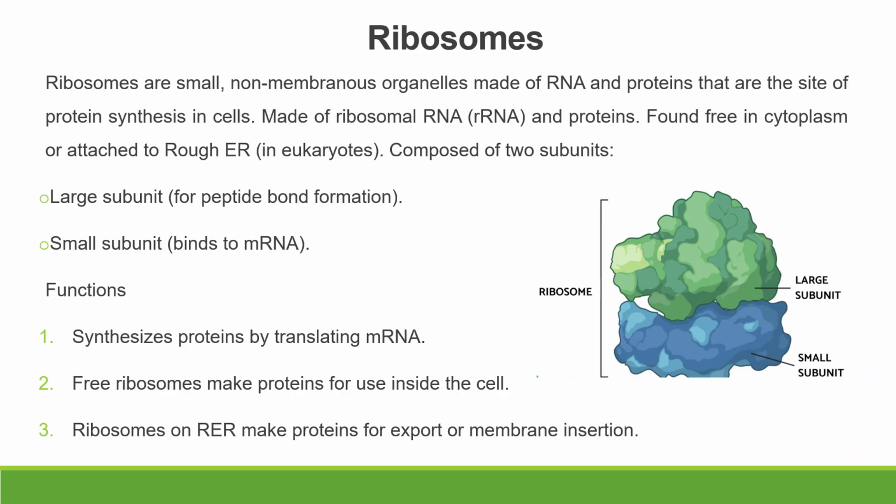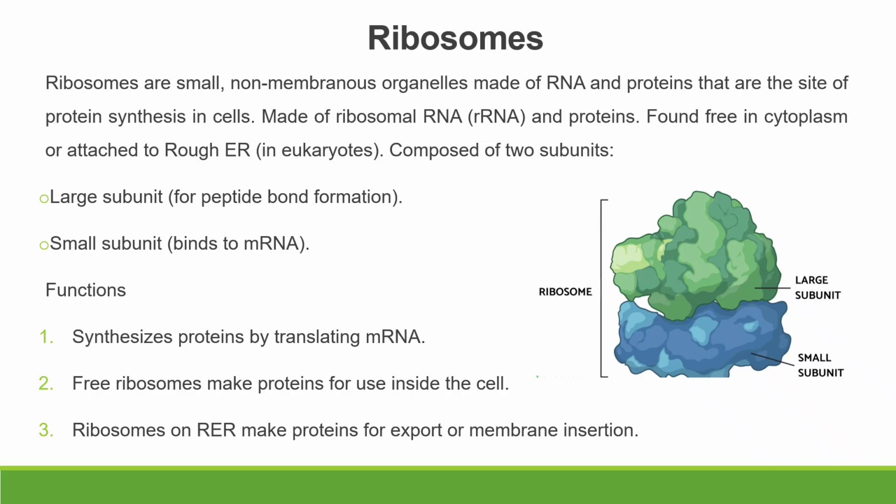So next, the ribosome. Ribosomes are very small, non-membranous organelles, made up of RNA and proteins. They are the major site for protein synthesis in the cell. The ribosomal RNA and proteins are found free in the cytoplasm or attached to the rough endoplasmic reticulum, and are composed of two units, the large subunit and the small subunit.